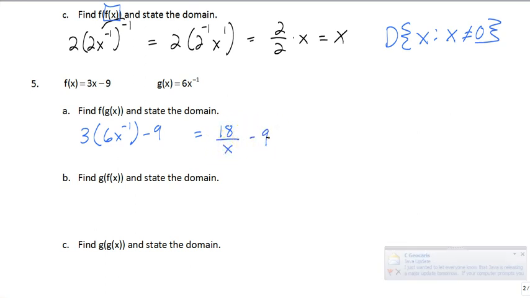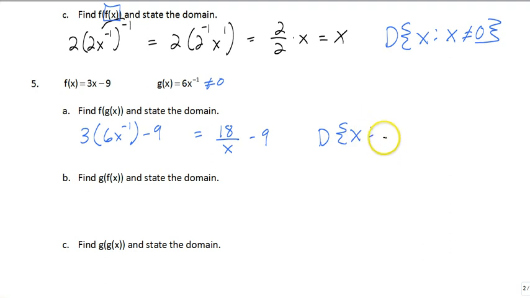Okay, I forgot to look at the restrictions here. X can't be 0 here, and here it's all real numbers. If we look at this problem, the final answer, x can't be 0, and sure enough, that's also the restriction of what we put into it. So that's my domain restriction there.